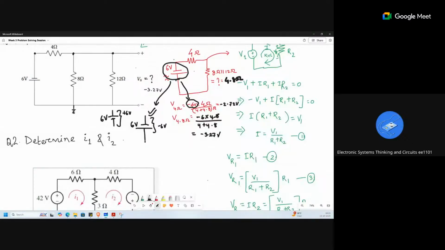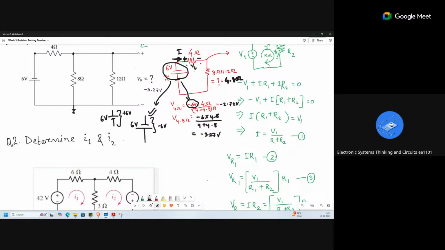See, due to minus 6 volt, some current will flow here, and this current will flow from plus to minus. According to Ohm's law, whenever current enters, we assume, because there is no polarity of the resistance, that because of this current flow it creates a potential difference from positive to negative.